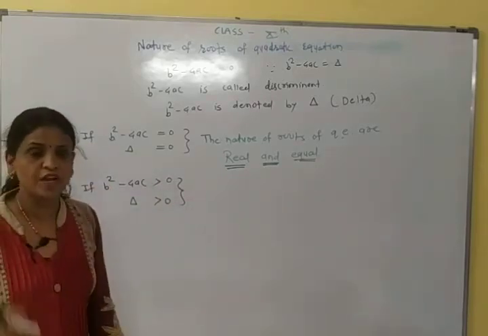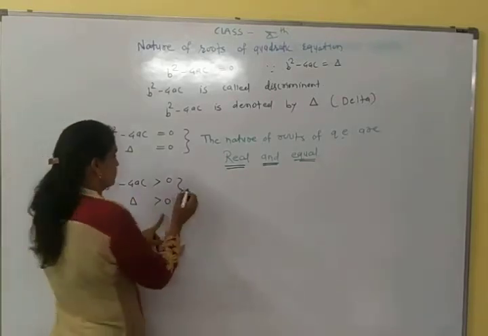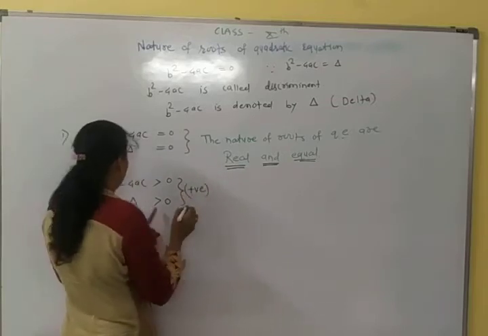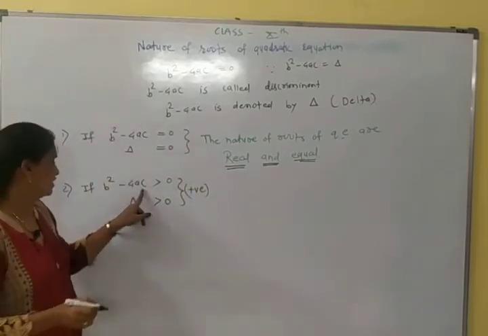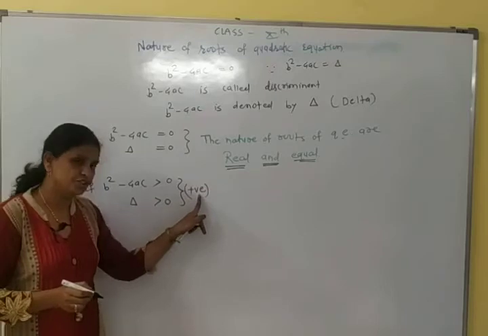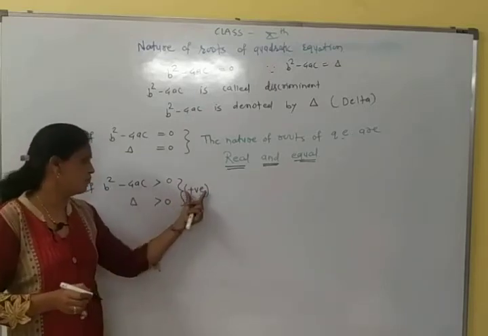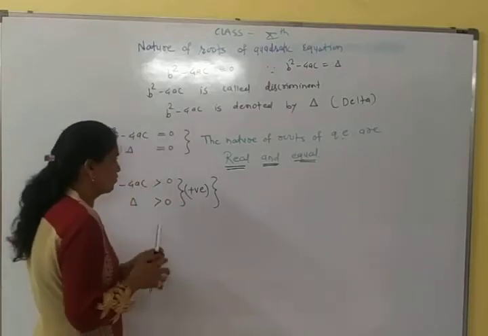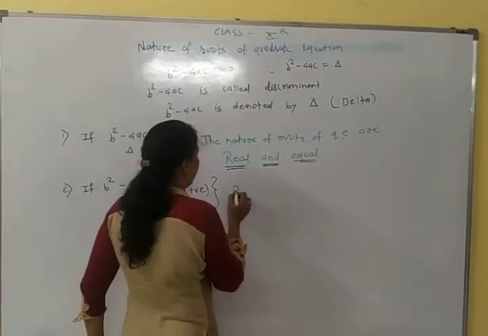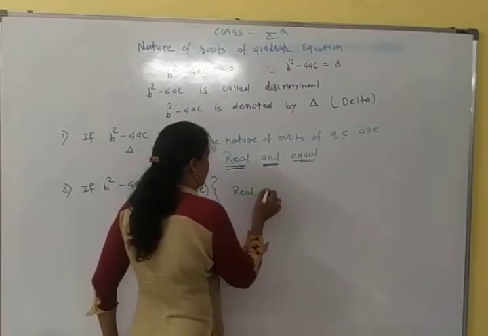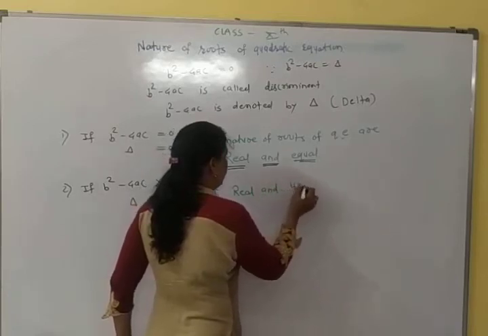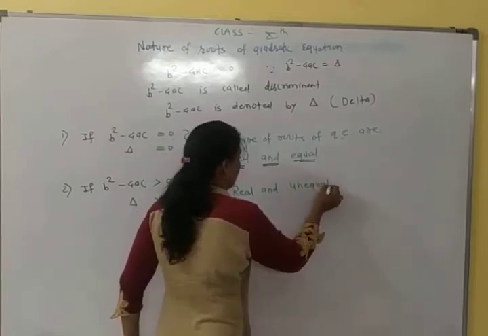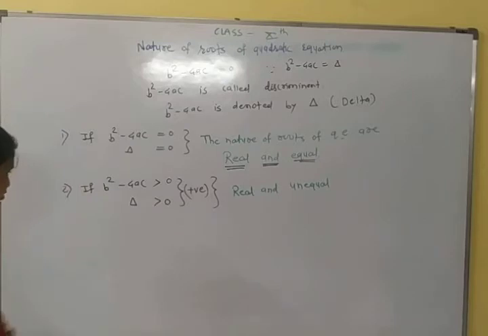All positive values will be greater than 0. If delta is positive, then the nature of roots of quadratic equations are real and unequal. Okay, this is the second nature.